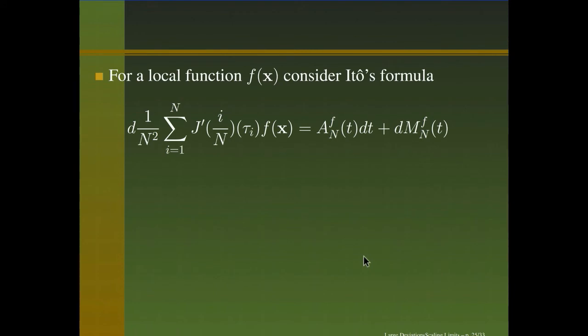So let's take a local function f of x and consider Ito's formula applied to the function 1 over n squared times the summation, and it reduces to something dt plus a martingale. Now the martingale part, you can compute its mean square, fairly straightforward.